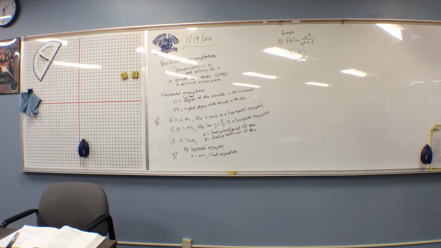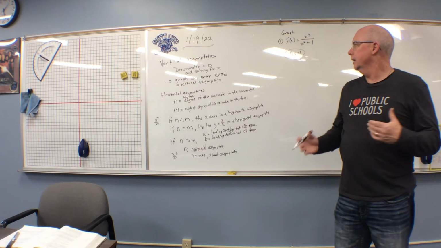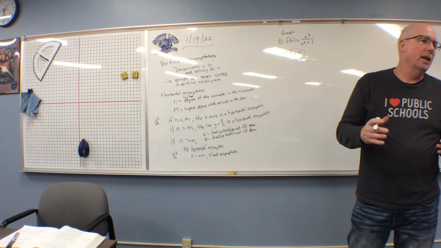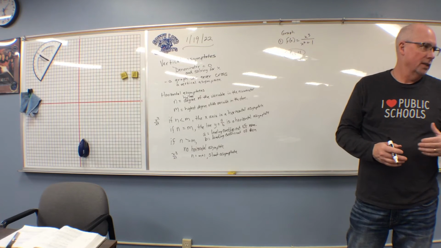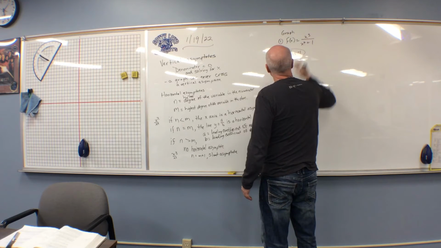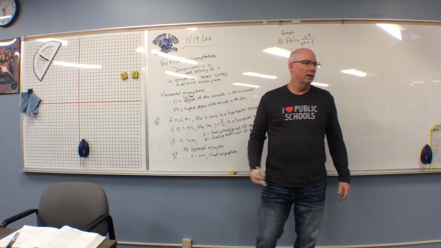That's not a real number, that's an imaginary number, right? So right now, we don't have any vertical asymptotes. Not everything that has a denominator produces a vertical asymptote, okay? But you'll notice that n is greater than m, and it's greater by 1, okay?